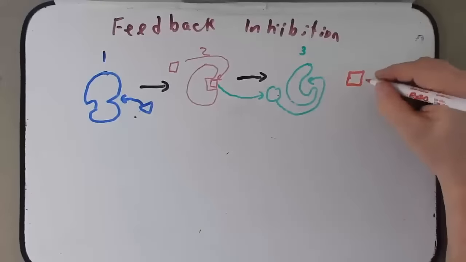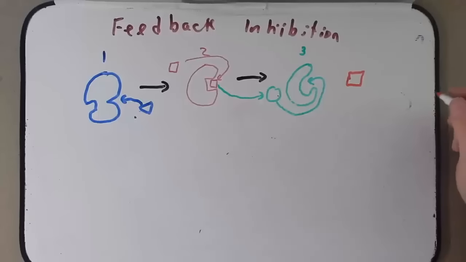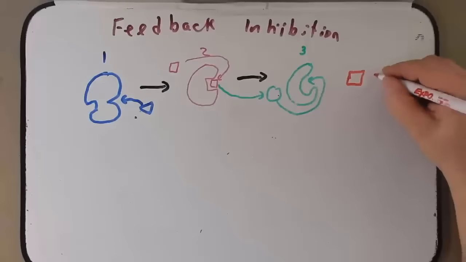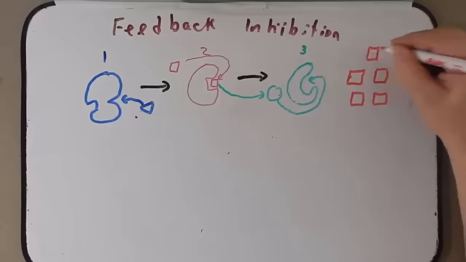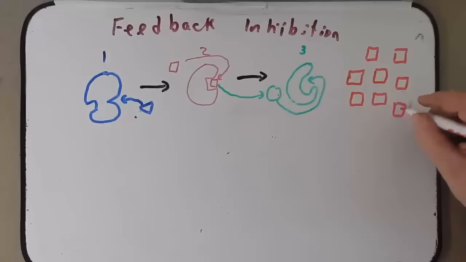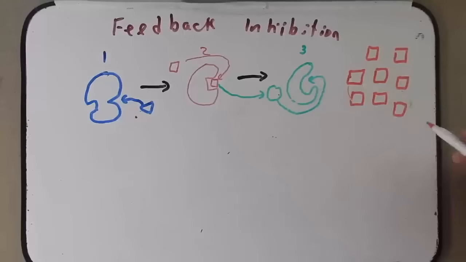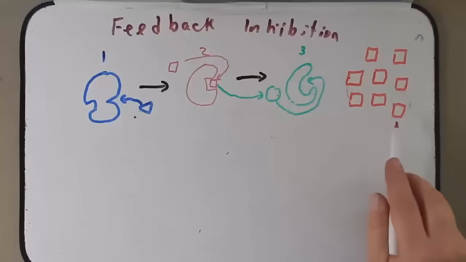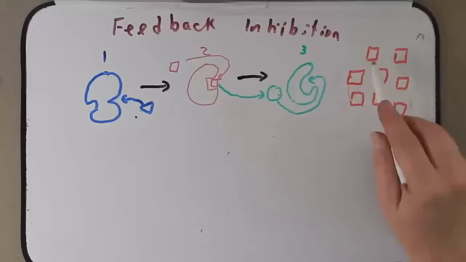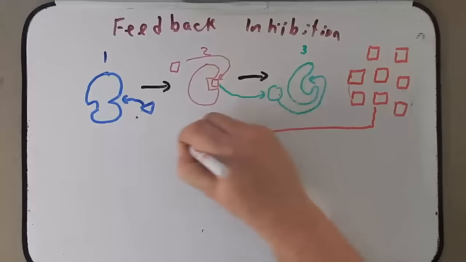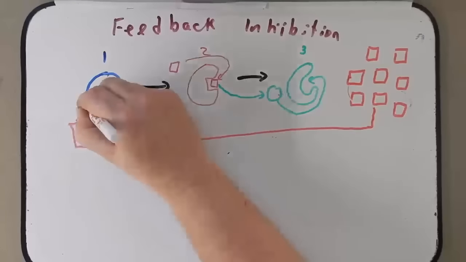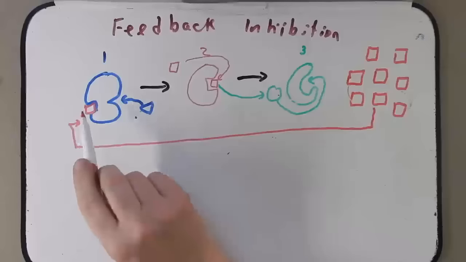This product is important in building something for the cell, but once it accumulates to a certain concentration, the cell determines it no longer needs any more of this product being made. This is the ultimate product that this pathway is trying to create, and now the cell has enough of it. So once it has enough of it, it can send some of these molecules back here to the first enzyme, where it will bind this alternative binding site.